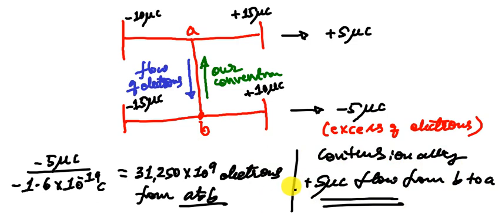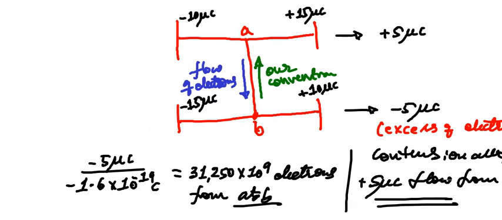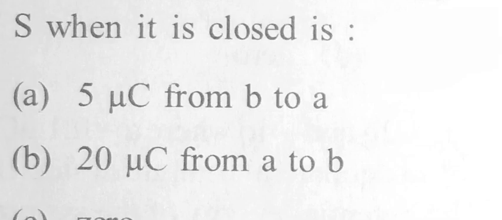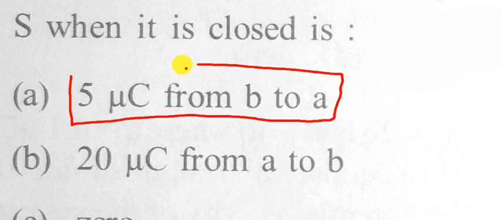So that's why our answer in the question is plus 5 microcoulomb flowing from B to A. This is our convention, right? So that is what we have to choose in the options. 5 microcoulomb from B to A is correctly said in this option, right? This is our answer. Okay.